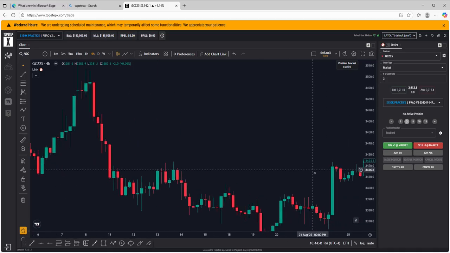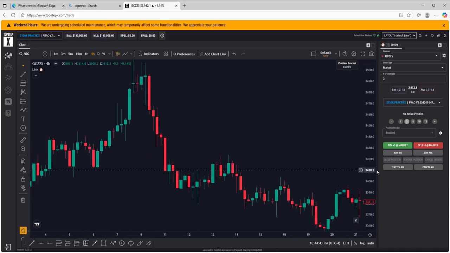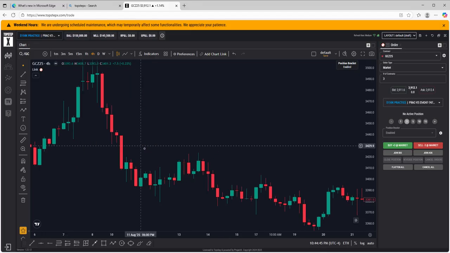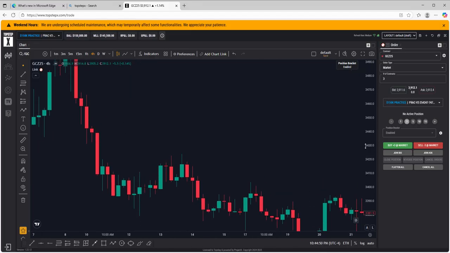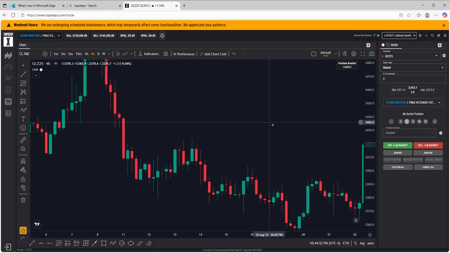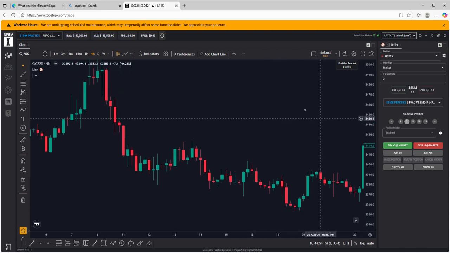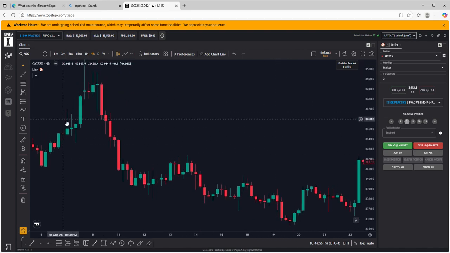Let me isolate this. All right, so in this segment right here, we were in a downtrend. Lower high, lower low. Let me just go ahead and mark it up.